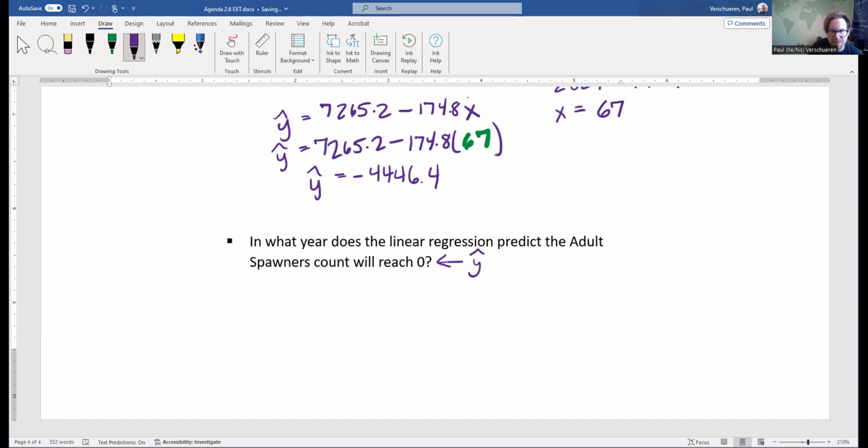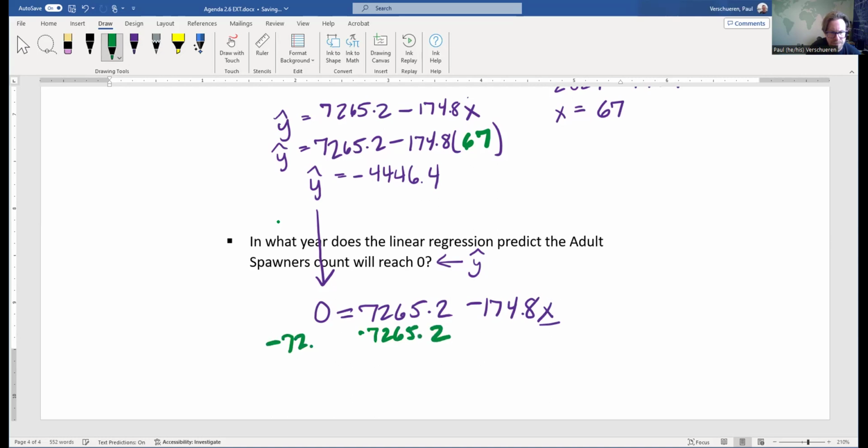So you'd use the same equation, but you would just plug in 0 where we see the Y hat above, right there. So 0 equals 7265.2 minus 174.8 X. And the X is the unknown in this case. To solve this, it's a two-step problem. We're going to first subtract 7265.2 from either side. And that's a pretty easy calculation.